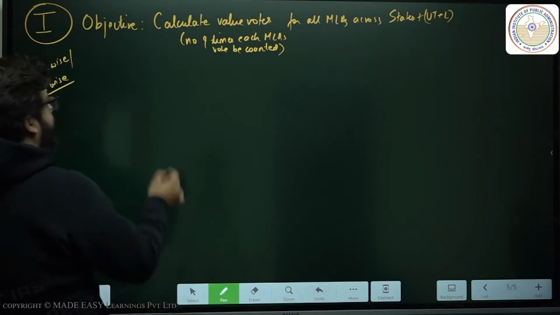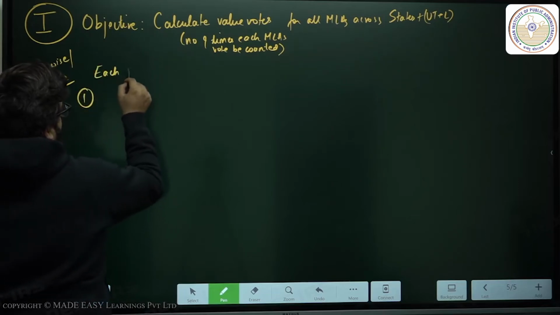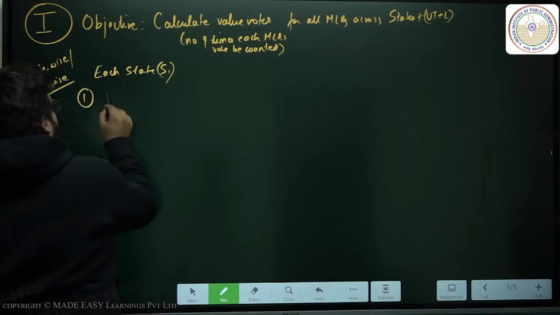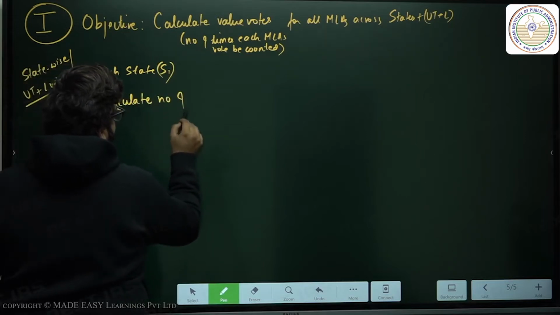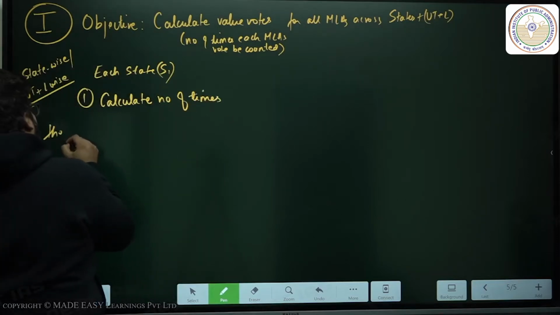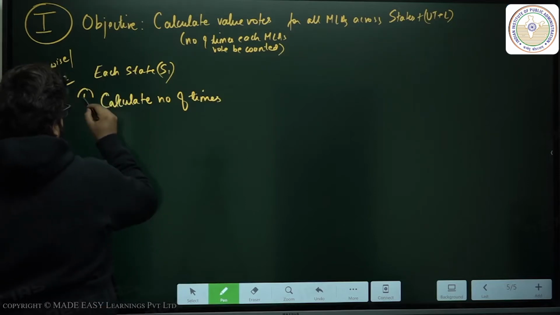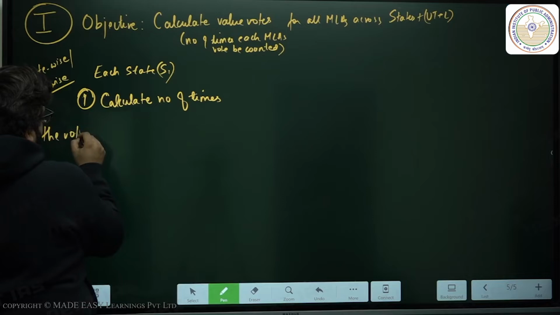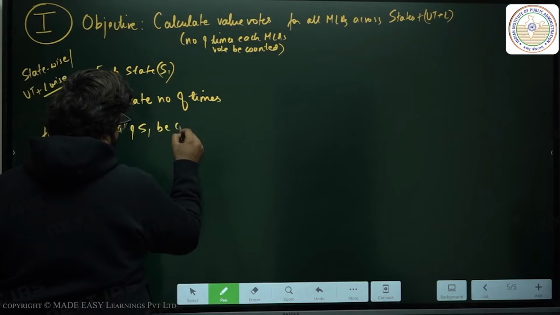We will have to first, for each state, for example, state 1, calculate the number of times the vote of an MLA of state 1 will be counted.